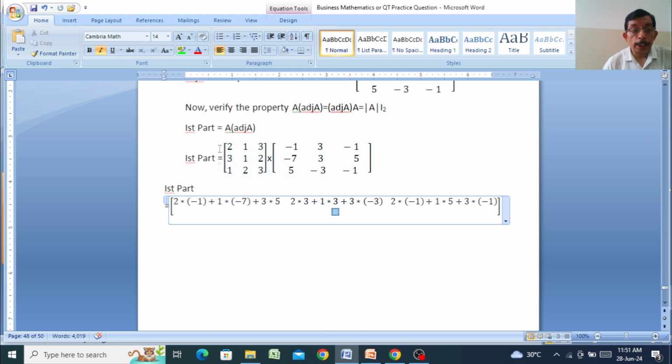Now the second row multiplied by the first column: 3 times minus 1 is minus 3, 1 multiplied by minus 7 is minus 7, 2 multiplied by 5 is plus 10.